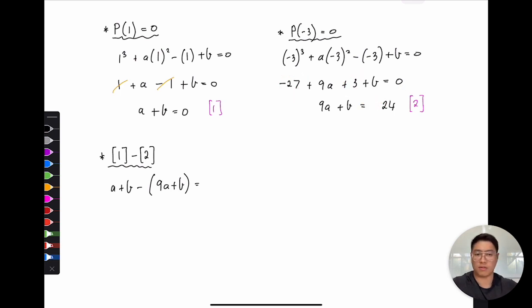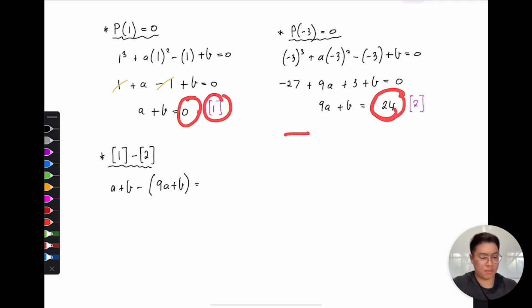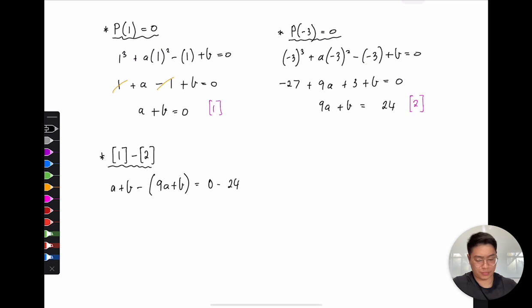So I'm just going to get rid of that there. It's 9a plus b equals 24. So when we go to our right-hand side now, it's 0 minus the 24. That's equation 1 minus equation number 2. So we have 0 minus 24.